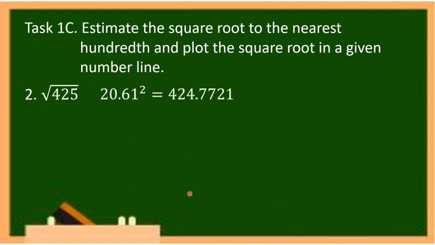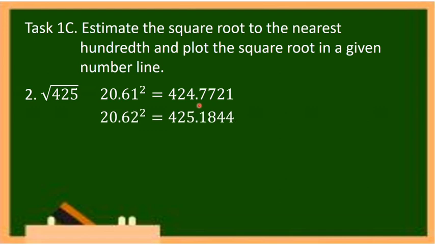So since we choose 20.6, we will choose 20.61 to the hundredth place. If we get the square of it, it is equal to 424 and 7,721 ten thousandths. Again, what will be the next decimal number?